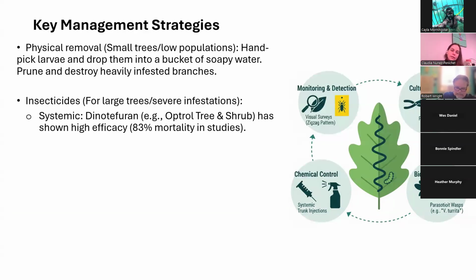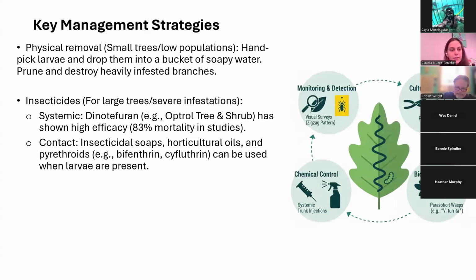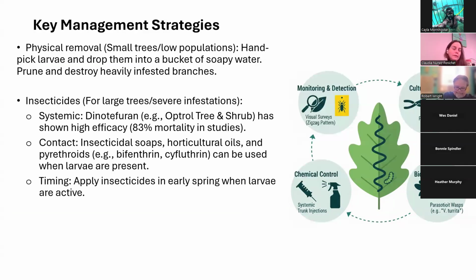Those insecticides can be systemic, like dinotefuran, that have been proved to be very efficacious in removing these species, but it can also be by contact insecticide, such as soap or horticultural oils. And we can also be very proactive on the timing that we apply those insecticides, because we have to make sure that the larvae are active at the moment of applying them.